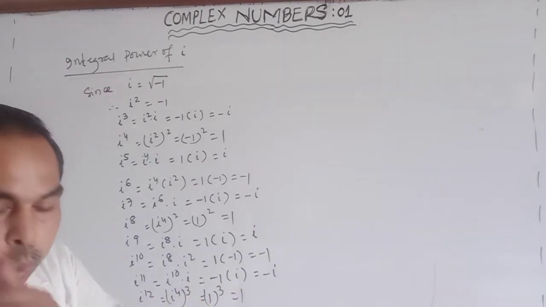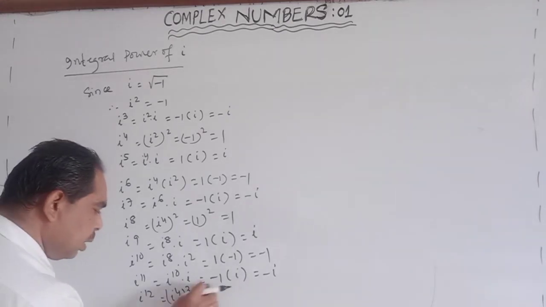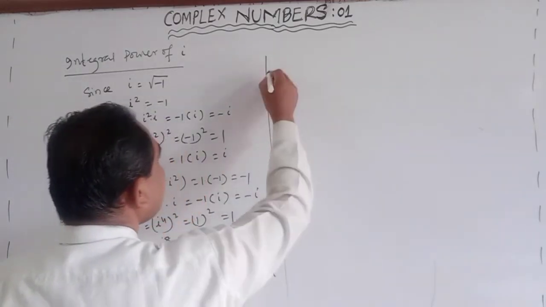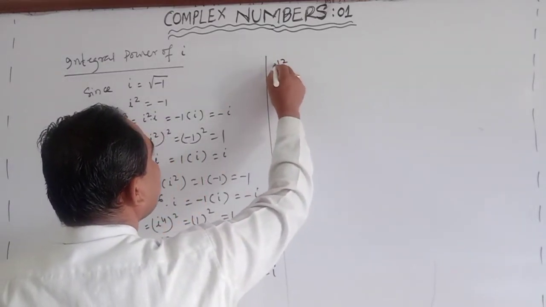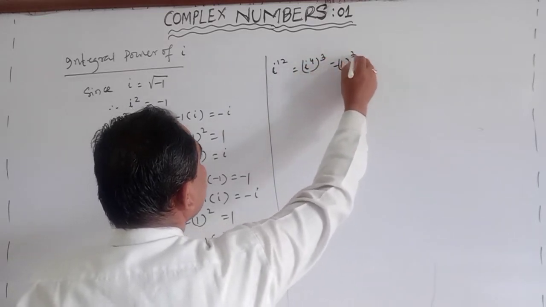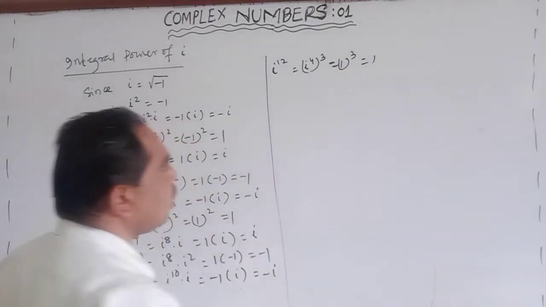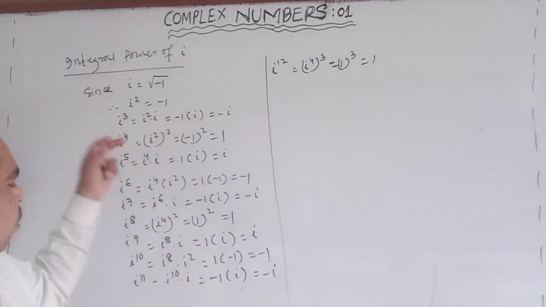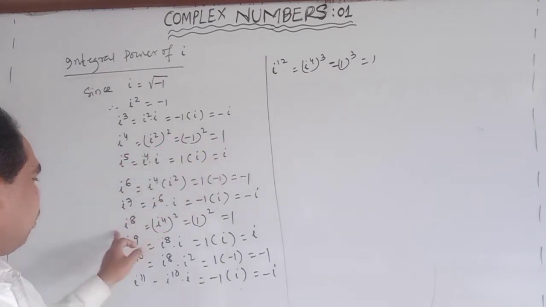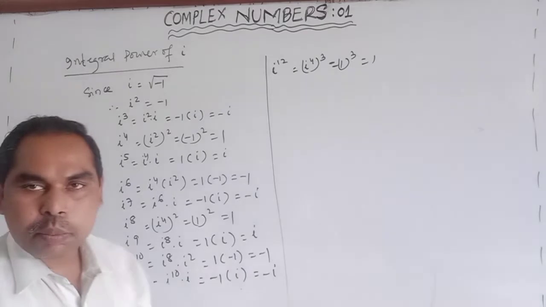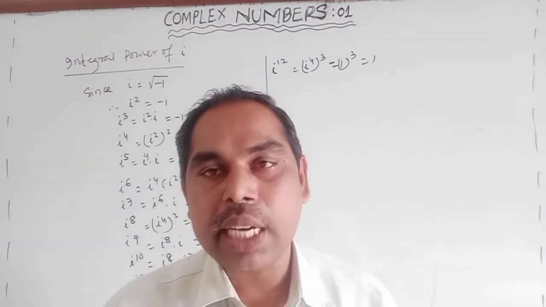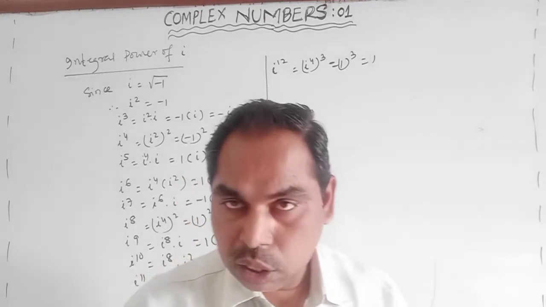So i to power 12 means 1. i to power 12 is equal to i to power 4 cube, that is 1 cube, that is 1. So from these cases we conclude that i to power 4 is 1, i to power 8 is 1, i to power 12 is 1, that means i to power 4 into integer is equal to 1.